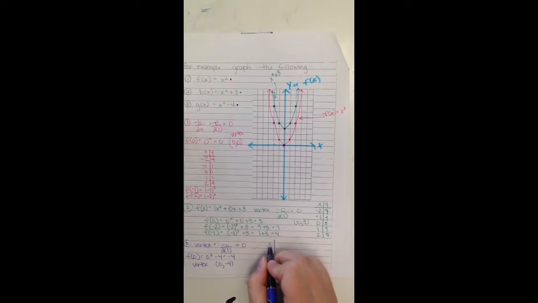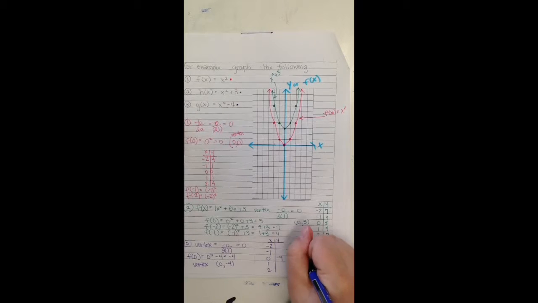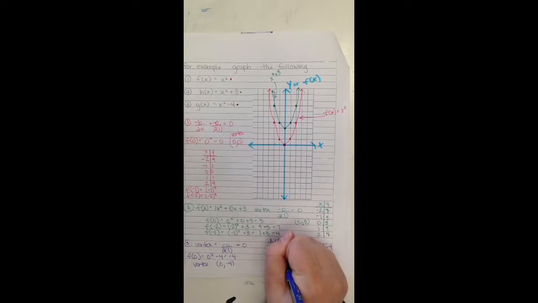Draw in a t-chart. 0, negative 4. I'm going to go 2 to the left, 2 to the right, so negative 2, negative 1, 1, and 2. Plug them in, so f of negative 2 gives me negative 2 squared minus 4. So I get 4 minus 4 gives me 0.